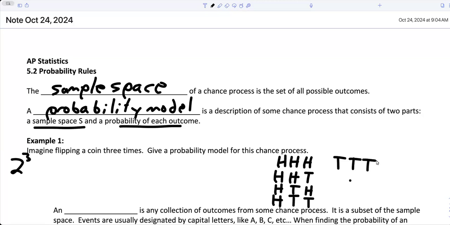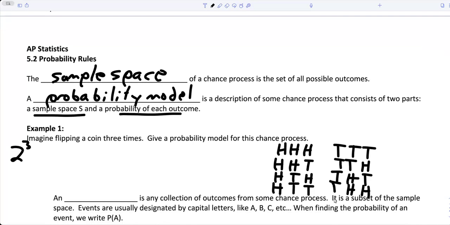Tails, tails, tails. Tails, tails, heads. Tails, heads, tails. And then tails, heads, heads. That is all 8 possibilities. Yes?